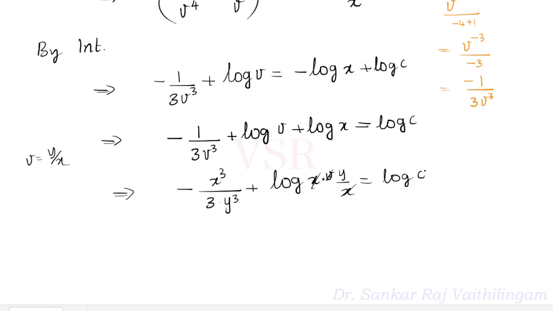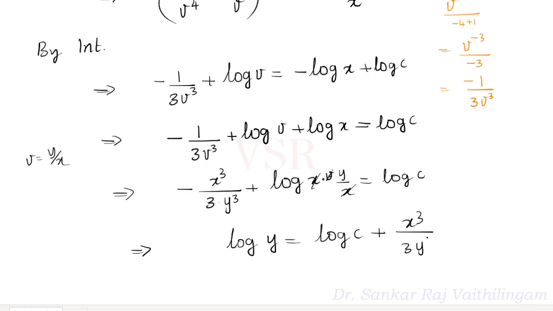So this implies that on this side only log c should remain. Log c, let's write it like this. Okay, now I will write this, log y is equal to log c plus x cube by 3y cube.